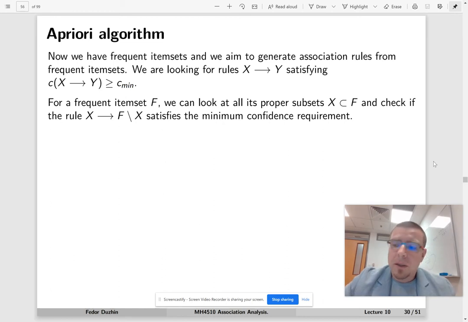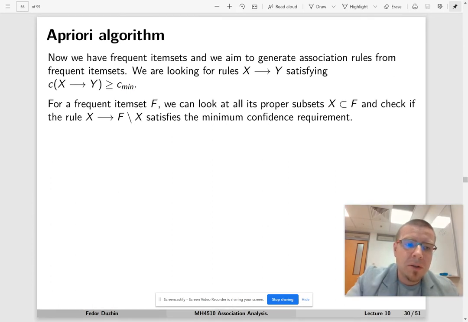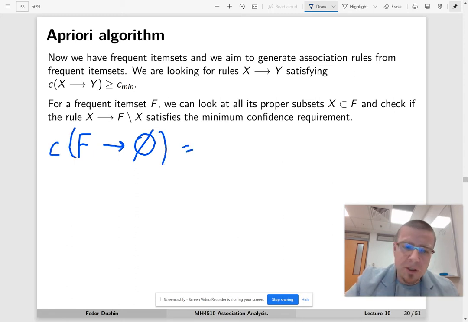Now let me clarify something a little bit. What is interesting here is what happens if we use the empty set as either the left side or the right side of our rule. What is the confidence of a rule F implies empty set? By definition, this is the support of the union of F and the empty set, which is just the support of F, divided by the support of the left side.